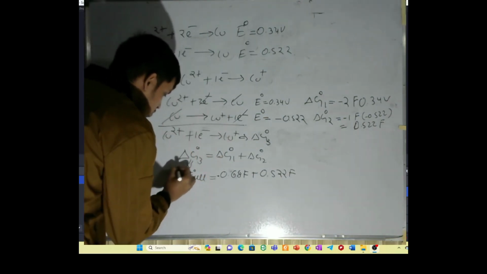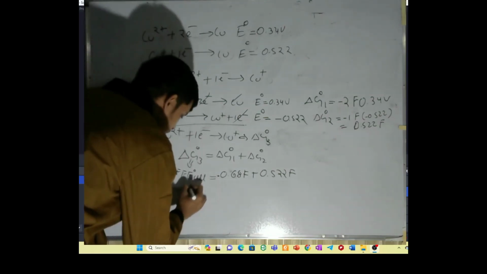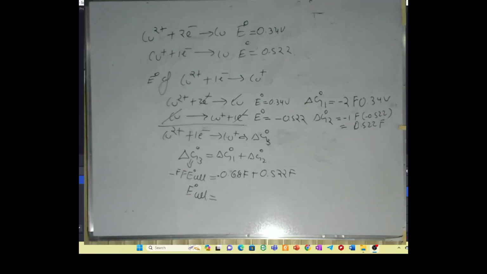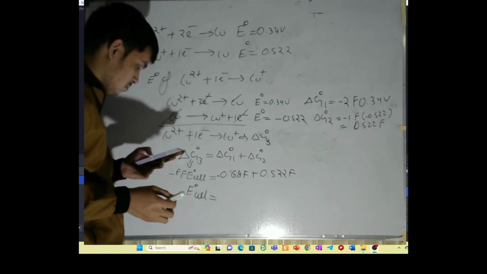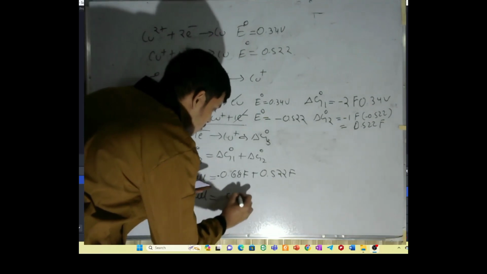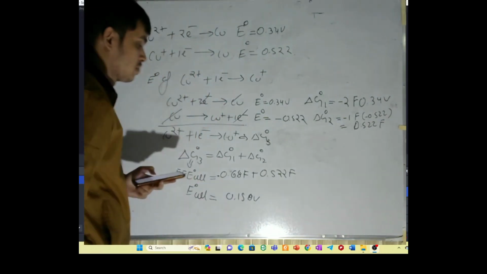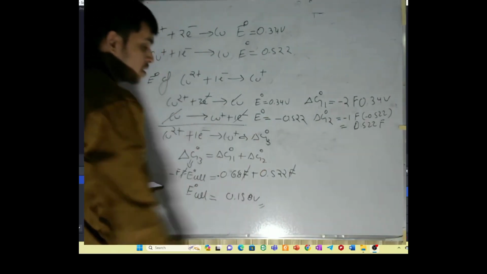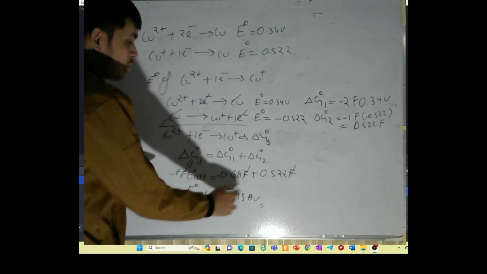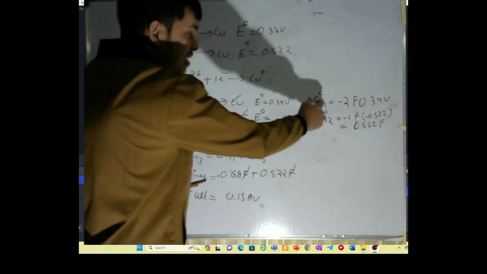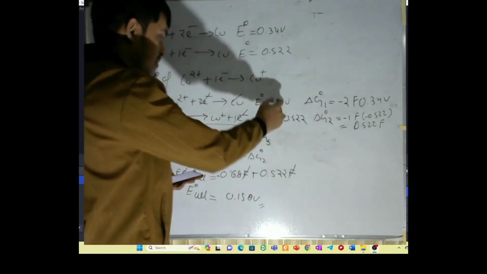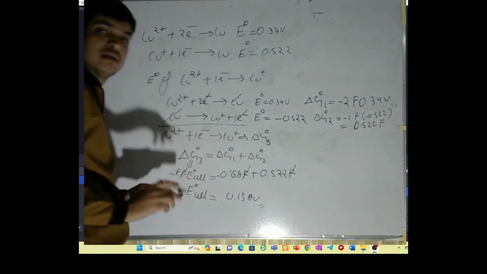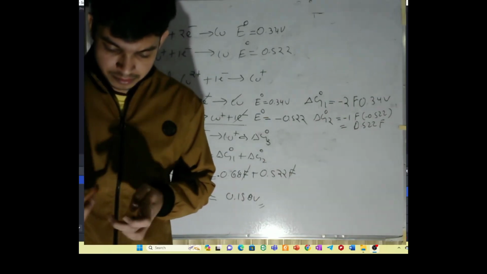After calculation you will get E naught cell equal to 0.158 volt, because the Faraday can be cancelled out, and that is the standard electrode potential for this reaction. So by adding the standard free energy changes of the given reactions, we can calculate the standard electrode potential for another reaction. That's it. Thank you.